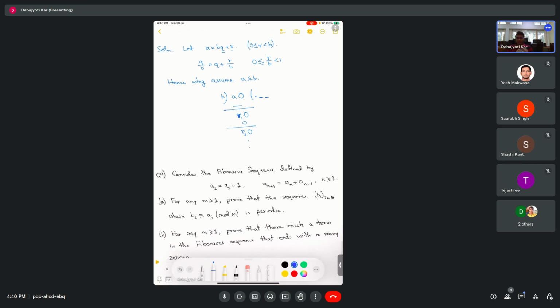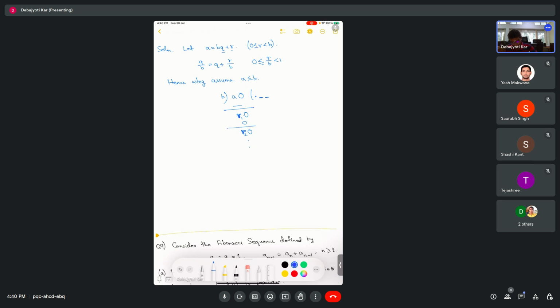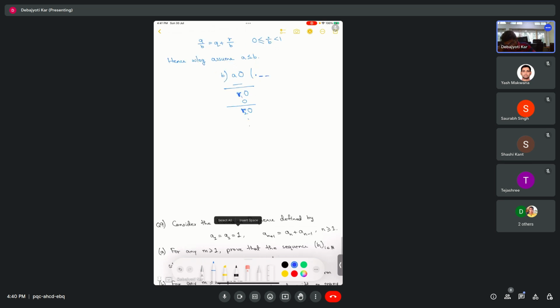Now if at any point this Ri becomes 0, then there is no repetition. If the remainder at any point becomes 0, then the period of repetition is 0.